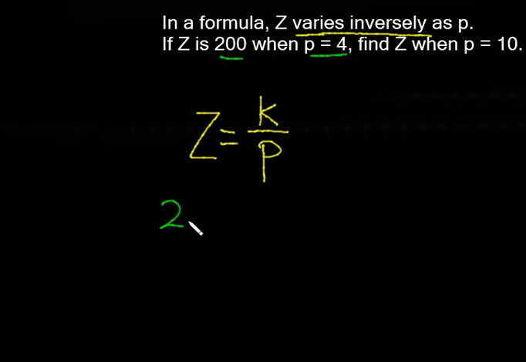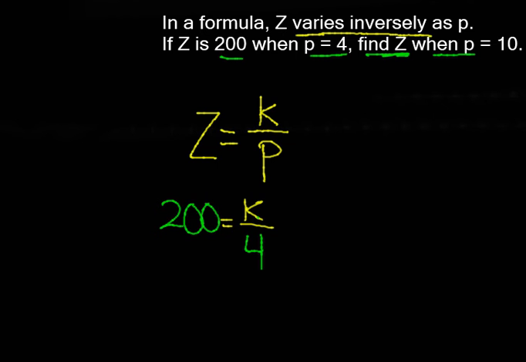Let's fill those in. This one asks us to find Z when P is 10. So we've got to figure out what K is first, and then we'll figure out what Z is.